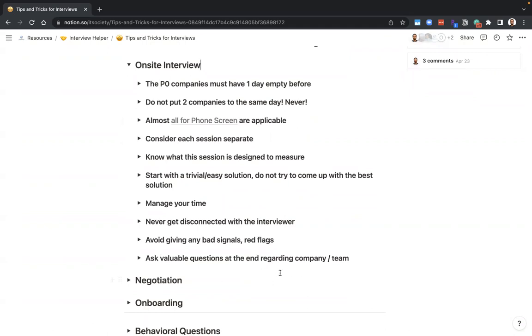Up to the end of this stage, you are trying to sell yourself. After you are successful in the on-site interview and the company wants to move forward with you, in the other steps, like negotiation, you are more powerful. The company tries to sell itself.